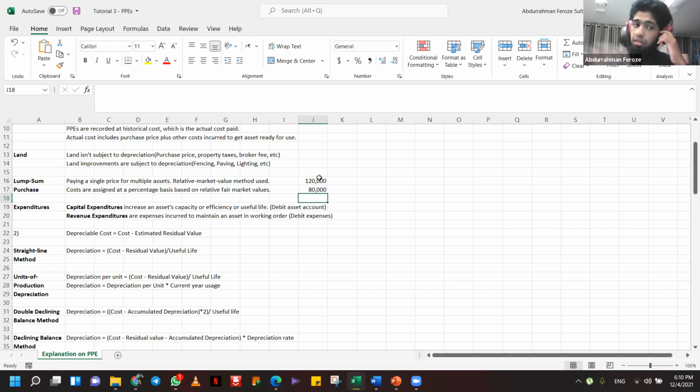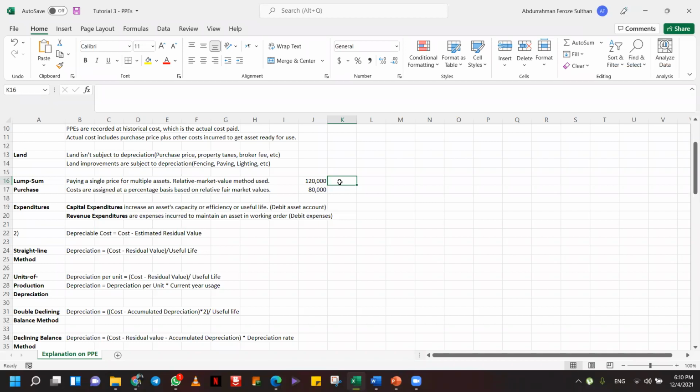Now you need to apportion the cost. Now you need to put a cost for the building and a cost for the land, right? So what you do is you see the percentage of the market value. The total market value is 200,000. So 120,000 is 60% of 200,000.